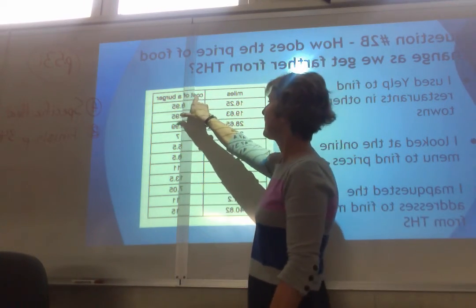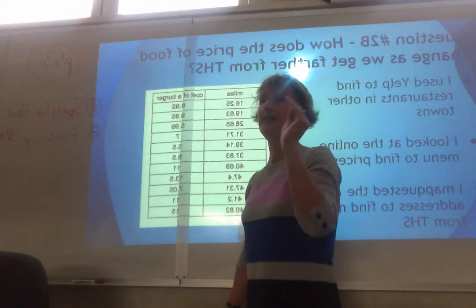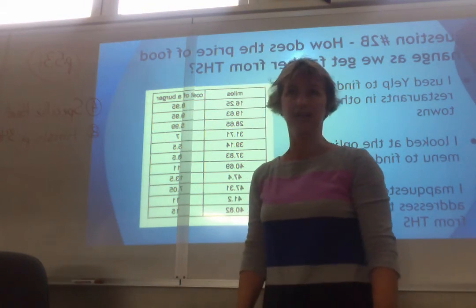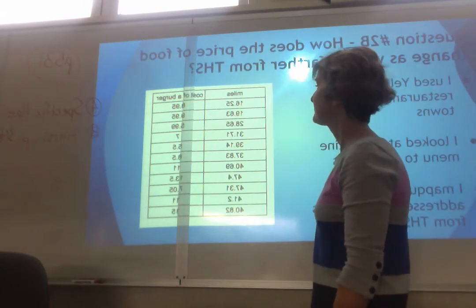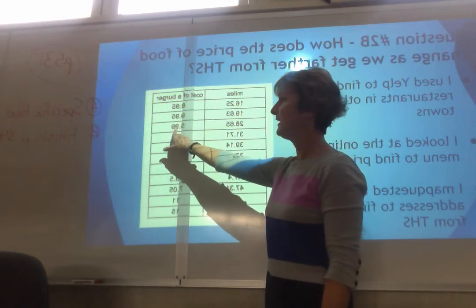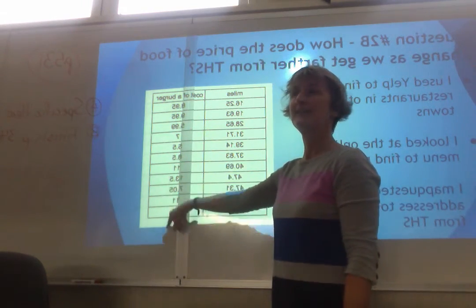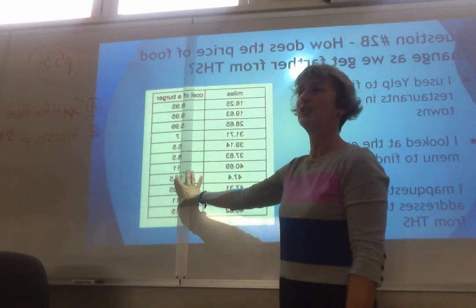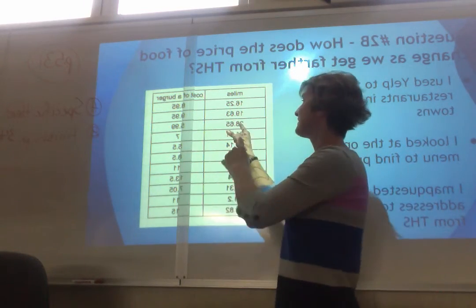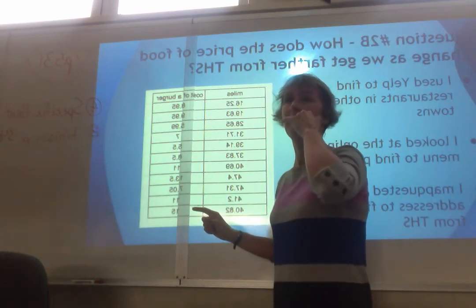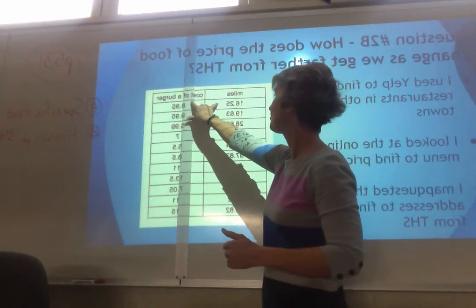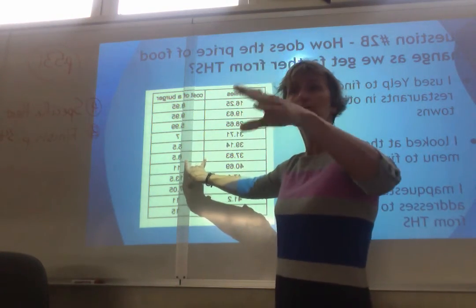So I picked an item of food that I thought I could find at a lot of restaurants. Okay? And I looked online at menus to get prices. Some of this kind of research could be online. I didn't actually call restaurants and ask them questions. This was all stuff I could Google and search.